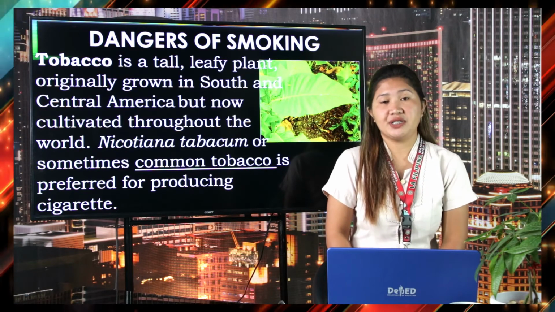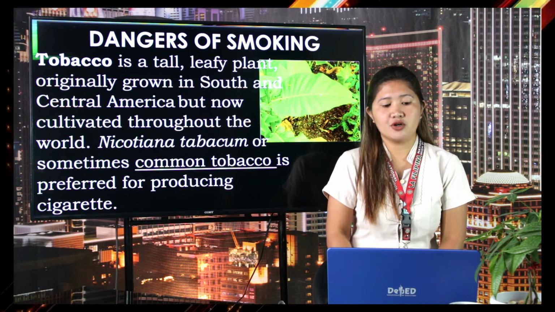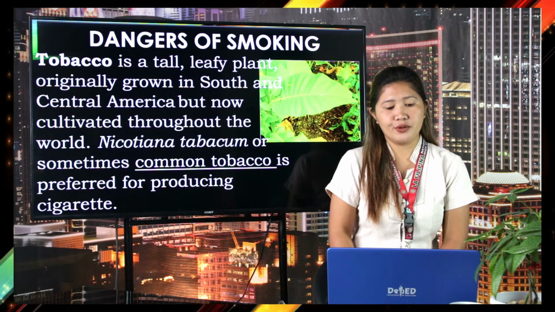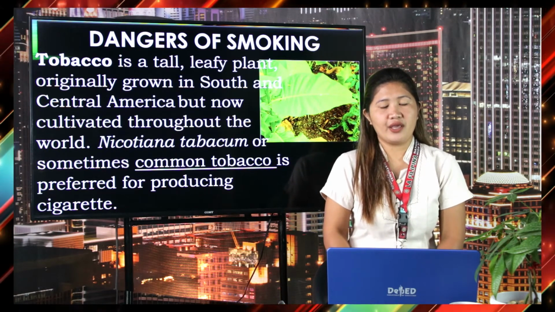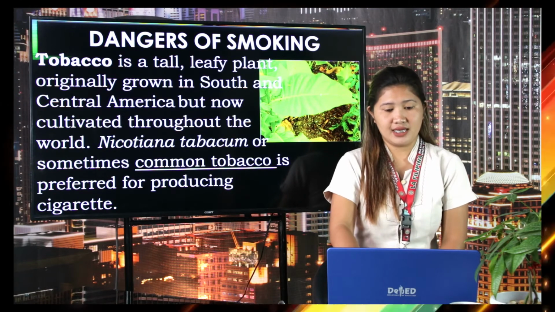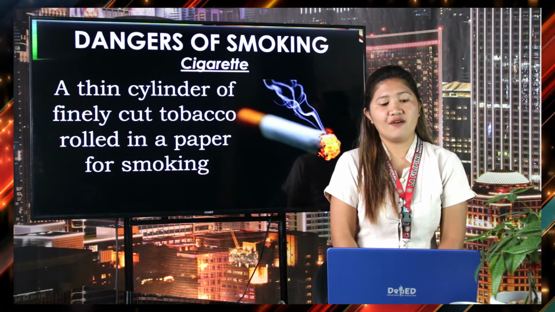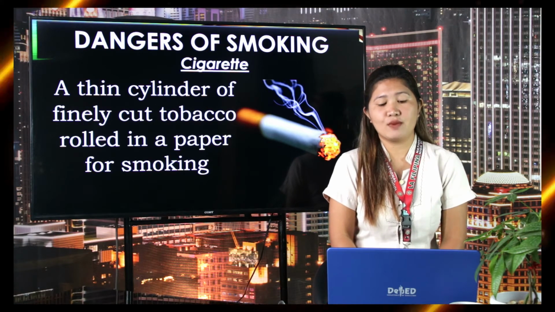There are many species of tobacco, but Nicotiana tabacum, or common tobacco, is preferred for producing cigarettes nowadays. On the other hand, a cigarette is a thin cylinder of finely cut tobacco rolled in paper for smoking.